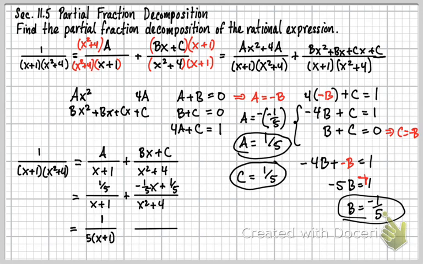I think either way would be acceptable for me, but be careful how you do the minus there. I will have the 5 on the bottom, and then an x squared plus 4 down there. On the top, I'm going to have an x, which will look positive, and then this will be a minus 1, because if I pull a negative out, that's going to change both of those signs. So now I get the positive here and then a negative for that one. So this would be my final answer.